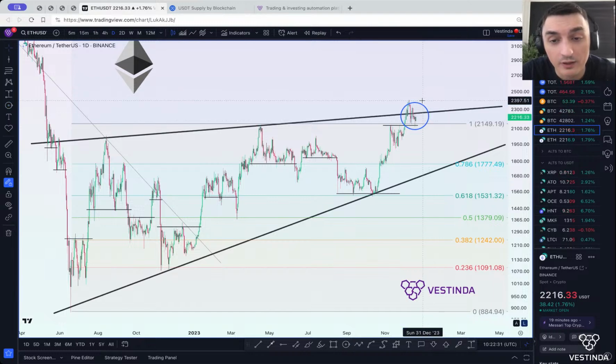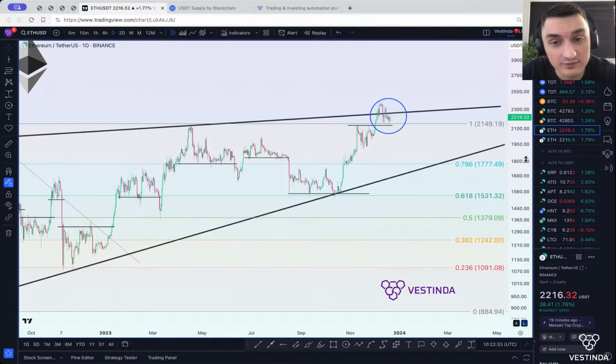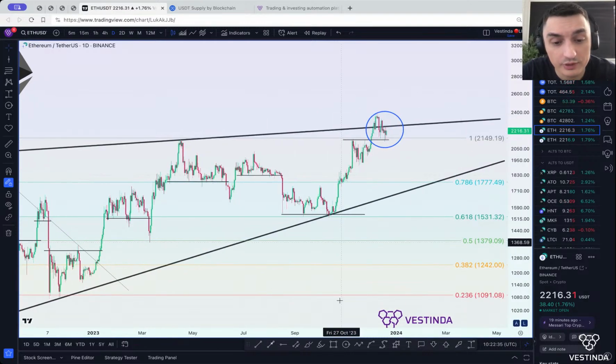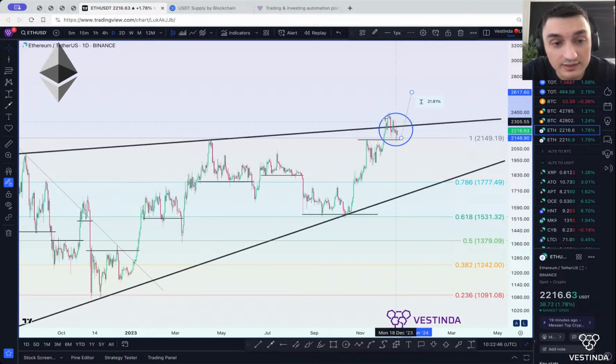Look at this consolidation here. This is something strong. I suppose that we're going to see a rebound from 2100, and maybe we're going to break the resistance, because we already saw this attempt on the 2200 to 2400 price swing.